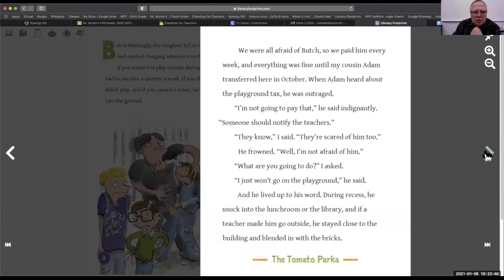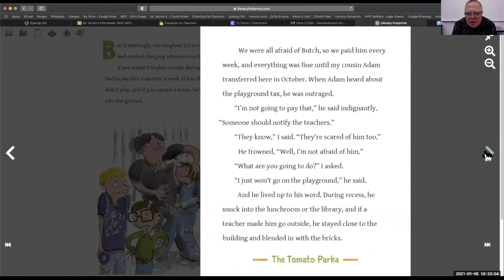Not long. We were all afraid of Butch, so we paid him every week, and everything was fine until my cousin, Adam, transferred here in October. When Adam heard about the playground tax, he was outraged. "I'm not going to pay that," he said indignantly. "Someone should notify the teachers."